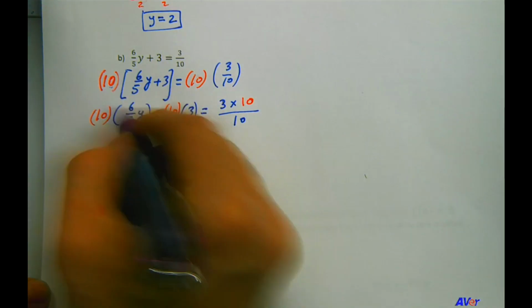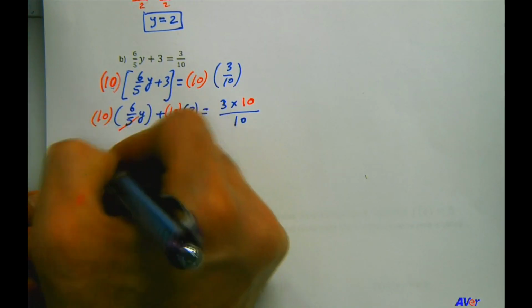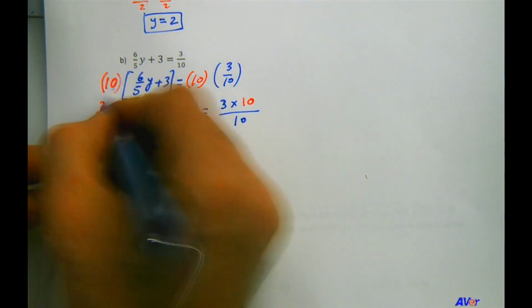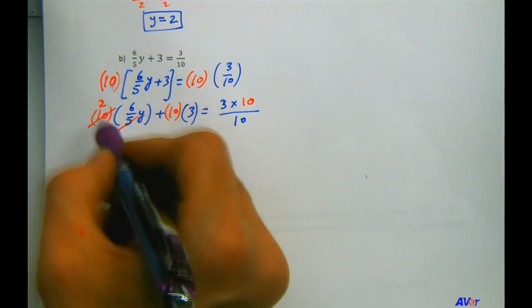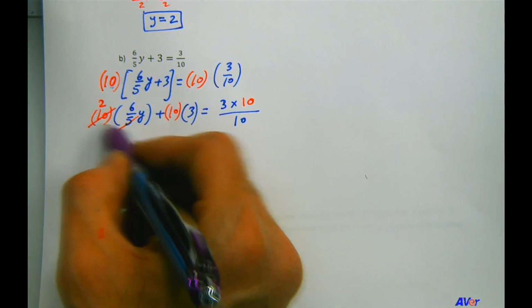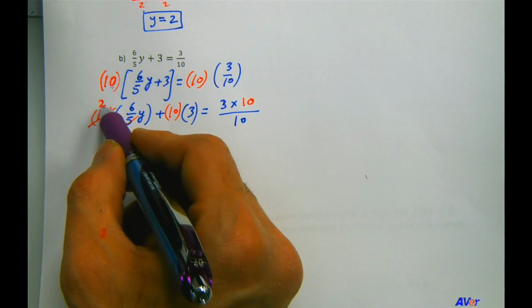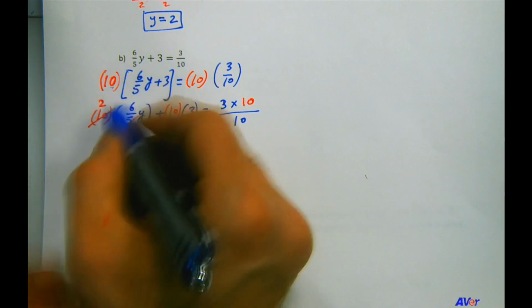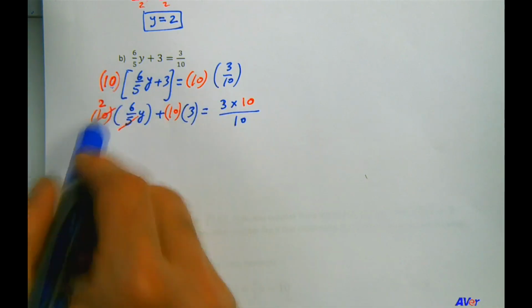So this 5 is going to cancel with the 5 factor of 10. We're going to be left with 2, right? The 5 of the 10, the factor of 10, is gone with this 5. We're left with 2. Now we can simplify.